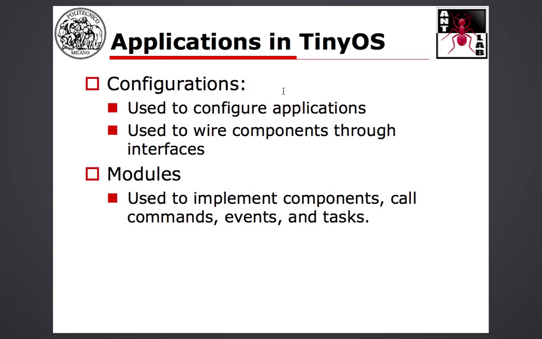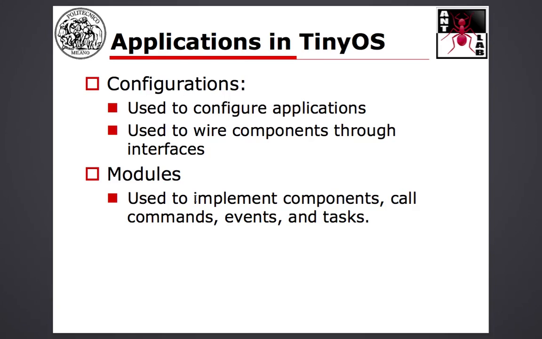So we have seen the difference between configurations and modules, and we have seen interfaces, the instruction guide for components. Now, a component is defined by a configuration and a module. So two different keywords. The difference is that modules are used to implement the commands and events that are defined by interfaces.